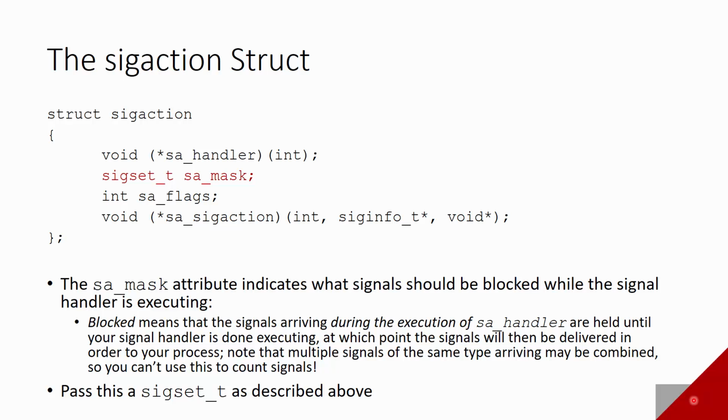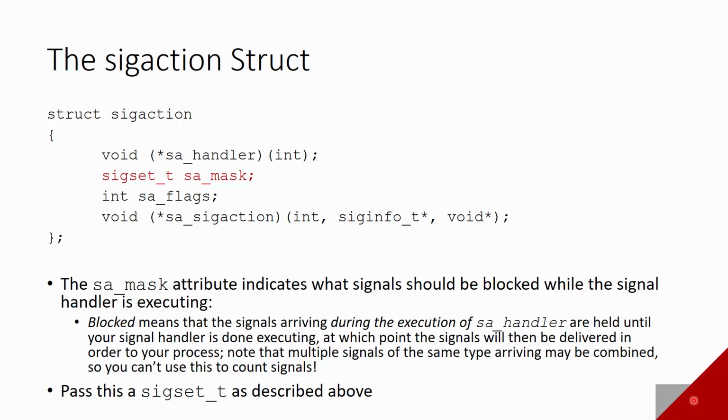Alright, getting back to our sigaction struct here, let's look at the second parameter, the SA mask parameter. This is going to indicate which signals should be blocked while that signal handler is actually executing. So blocked in this case means that the signals arriving during the execution of SA handler are held until the signal handler is done executing.